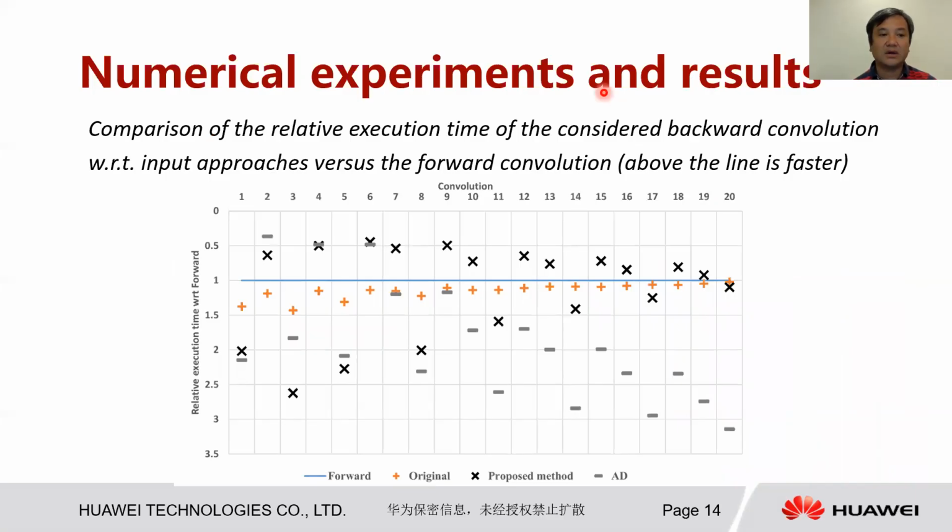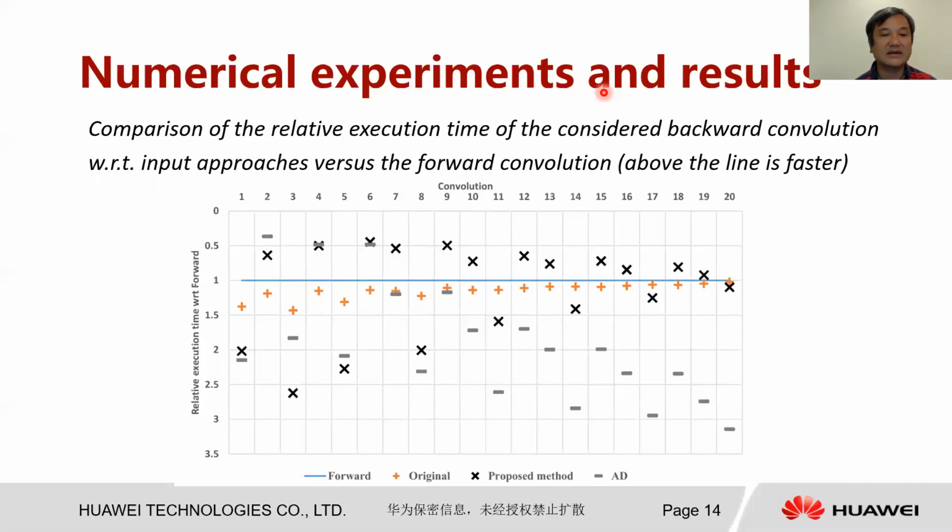So here on the slide, we have the comparison of the relative execution time of the backward convolution with regard to the input versus the forward convolutions. The baseline is the time required by the forward convolutions.